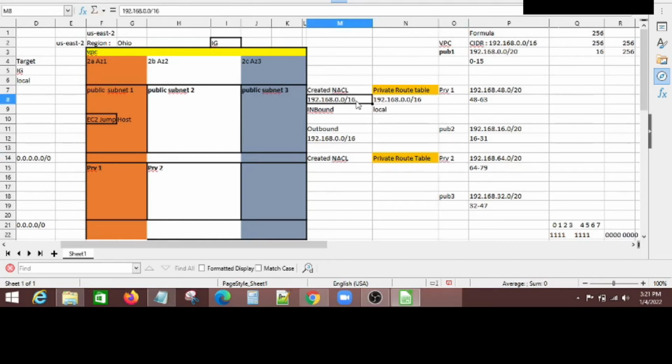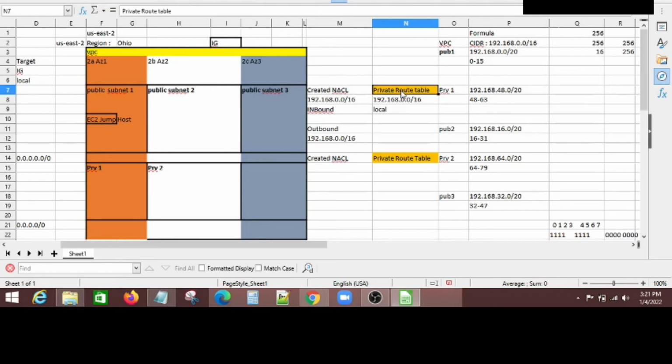In that private route table, I'm saying please allow the traffic only in the VPC, and the target is local only.